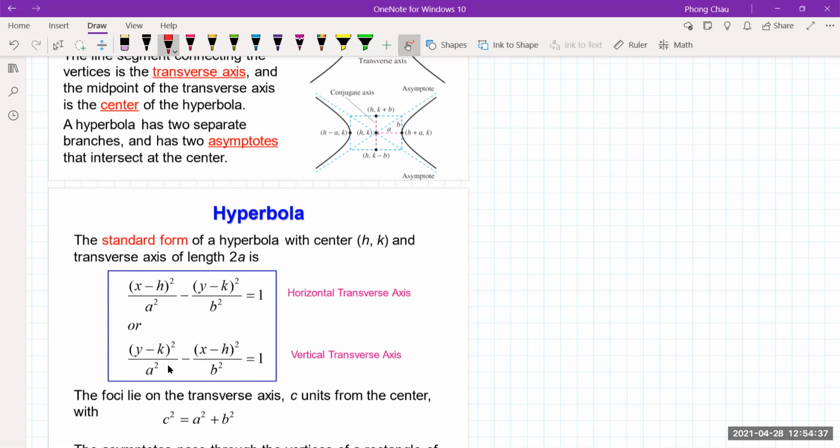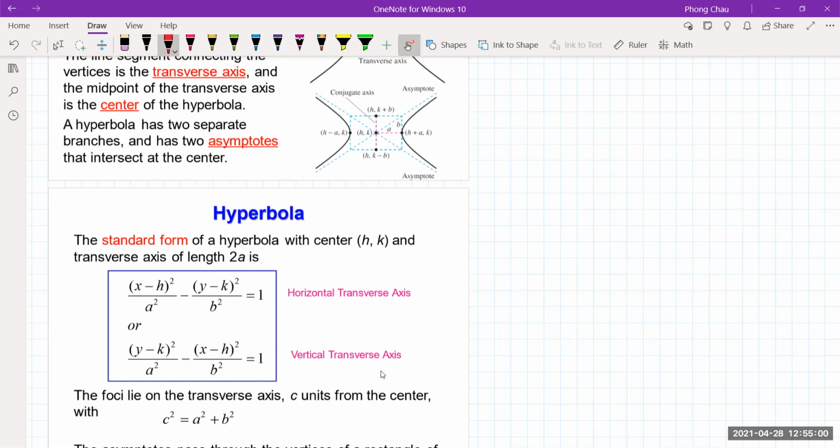In the second formula, like an ellipse, we swap the numerators. See, the y minus k comes over here, x minus h comes over there. If we have that, then we have a vertical transverse axis for the hyperbola.